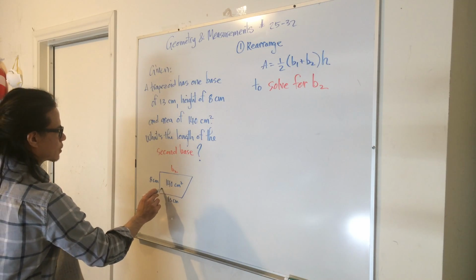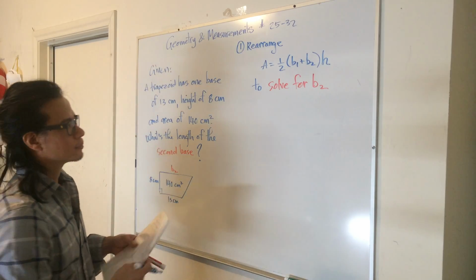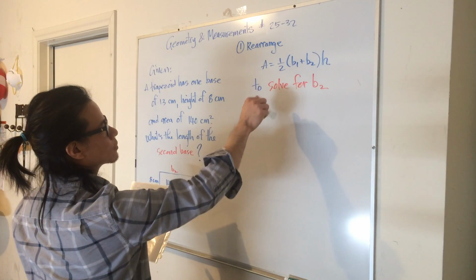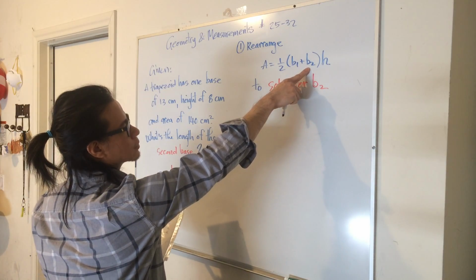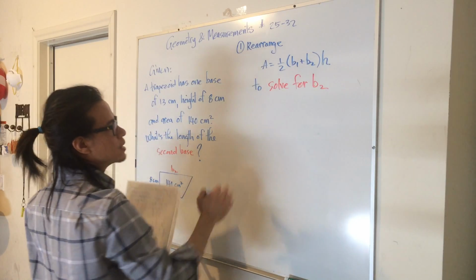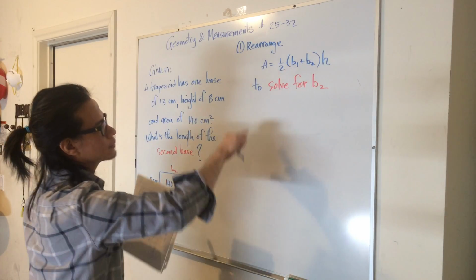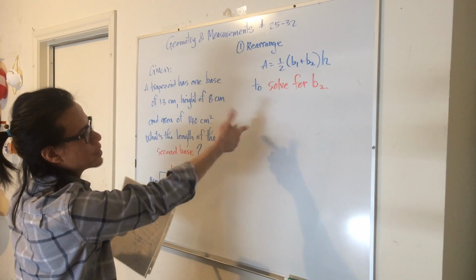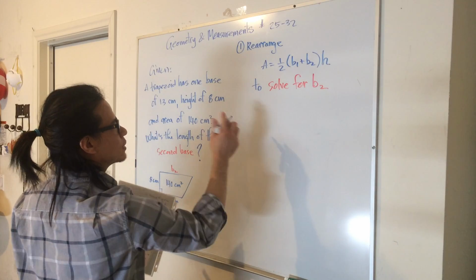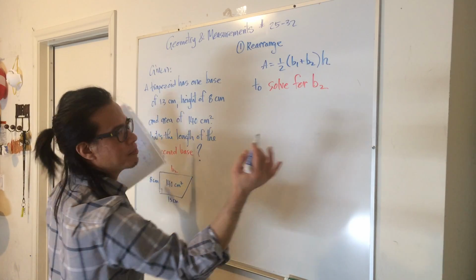Okay, so B2 is right here. We're going to need to get that by itself. So I'm just going to flip this, switch sides. I'm going to put A on the right and everything else on the left, because I'm trying to get what B2 is.